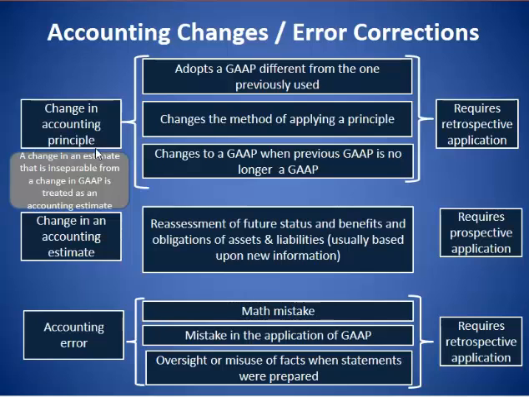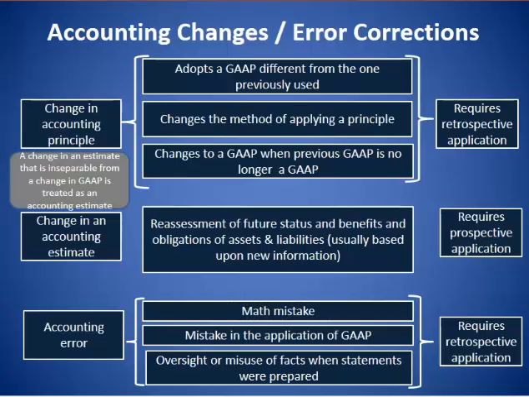Now, a change in accounting principle is when basically the organization adopts a generally accepted accounting principle that's different from the one that was previously used. Also, it can include changes in the method of applying the principle itself. Even though we didn't change the principle, we changed something in the method of applying the principle.